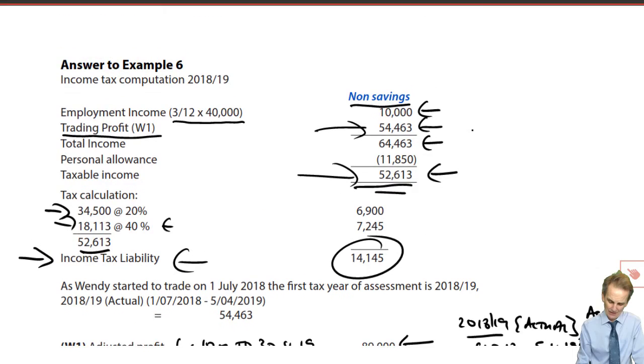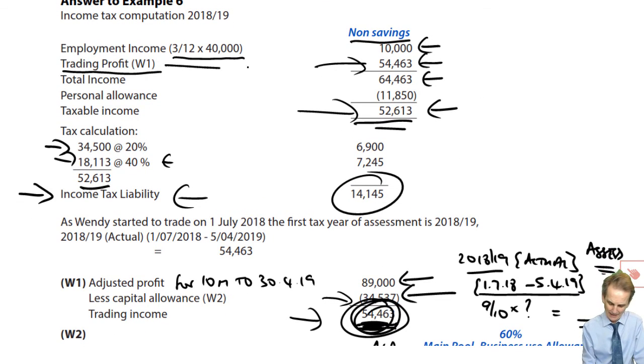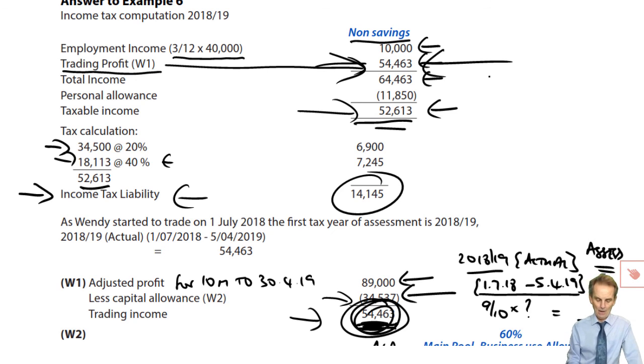And it's that figure that would then be included up here as your trading income figure. Okay. Go back, think through that typical exercise that you might have to do in an exam problem. That sorts out our opening period and our first tax year of assessment as it happens there, and the inclusion of it within the income tax computation.